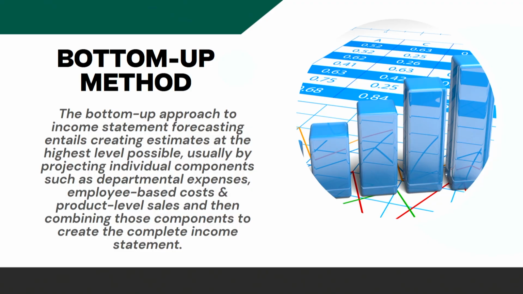Now, I have just jotted down some of the elementary approaches. The bottom up approach to income statement forecast entails creating estimates at the lowest level possible, usually by projecting individual components such as departmental expenses, employee based cost and product level sales, and then combining these components to create the complete income statement. So, here we are going reverse.